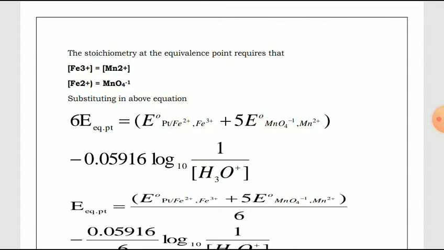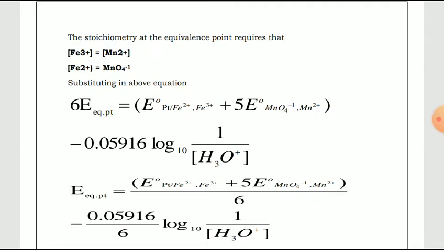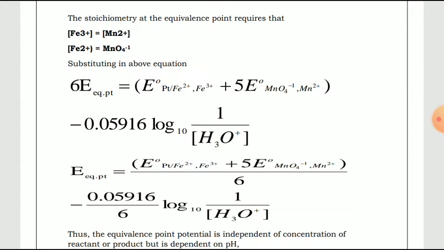Then E equivalence point is equal to E naught Pt Fe2 plus to Fe3 plus plus 5 E naught MnO4 minus to Mn2 plus, upon 6, as the 6 goes to the denominator, minus 0.05916 upon 6 into log of 1 upon H3O plus. Thus, the equivalence point potential is independent of concentration of the reactant or product, but is dependent on the pH of the solution.